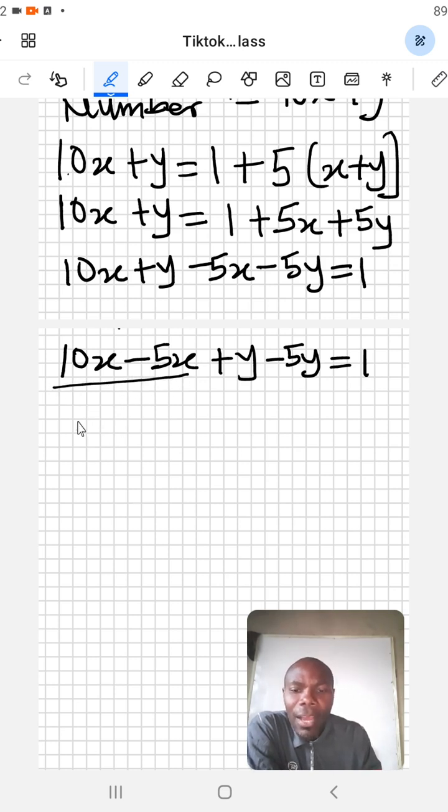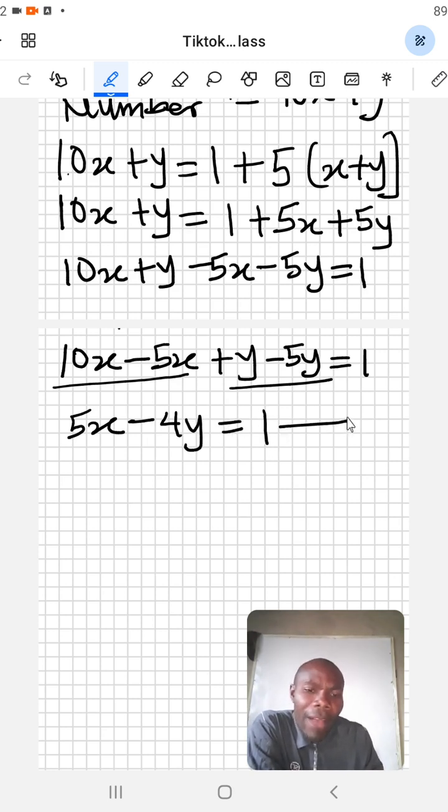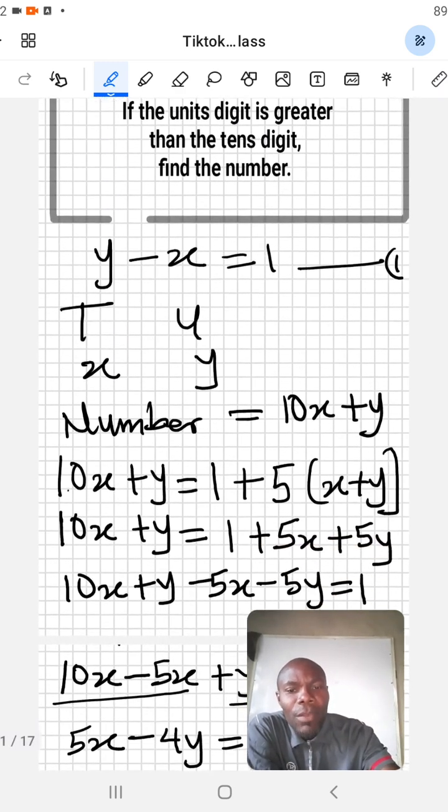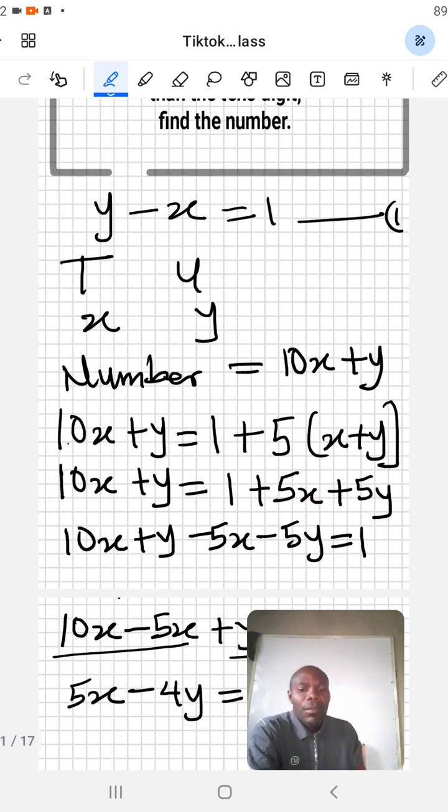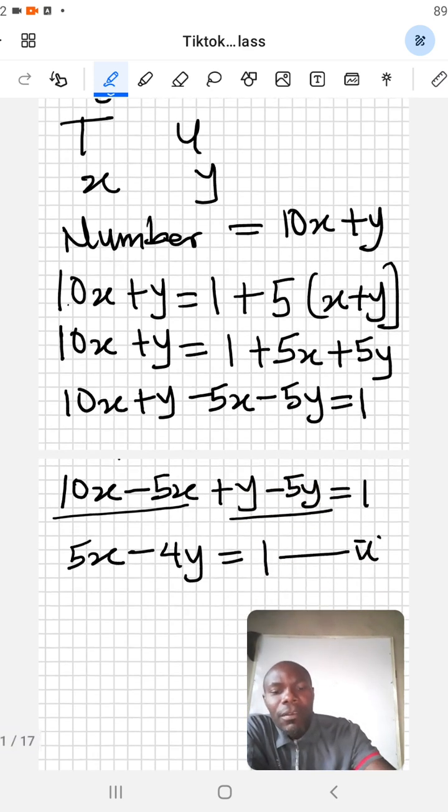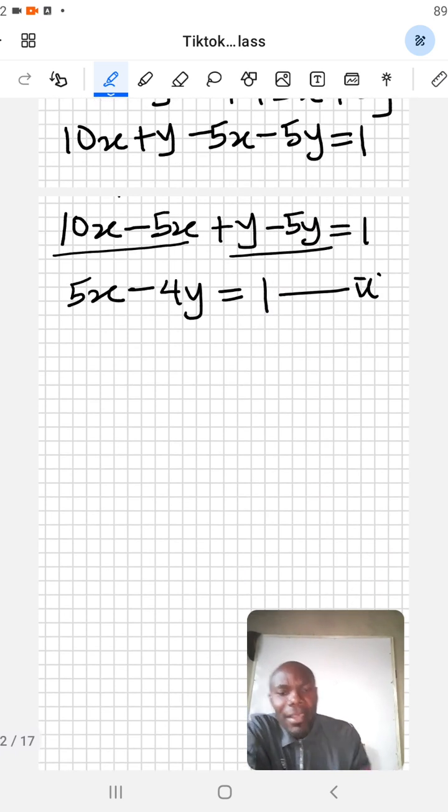Adding these together gives 5x minus 4y is equal to 1. This is equation 2. From the beginning we already have equation 1 as y minus x is equal to 1, and equation 2 is 5x minus 4y is equal to 1.